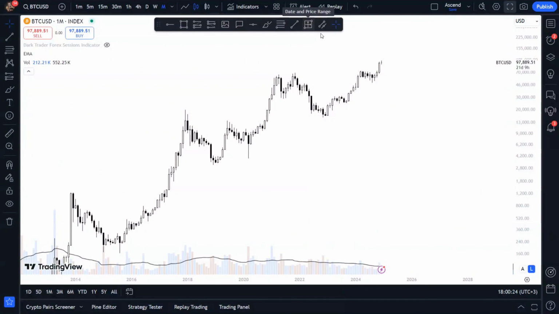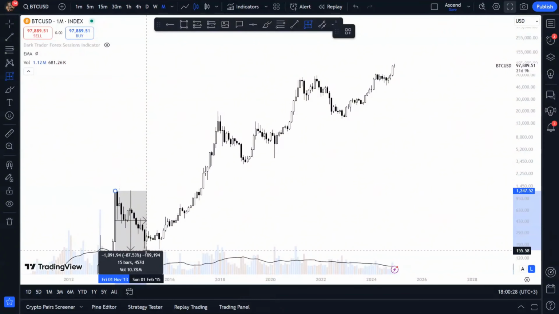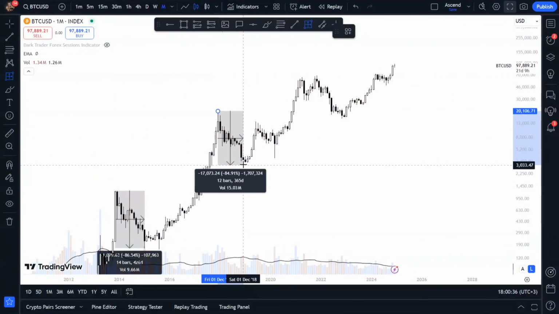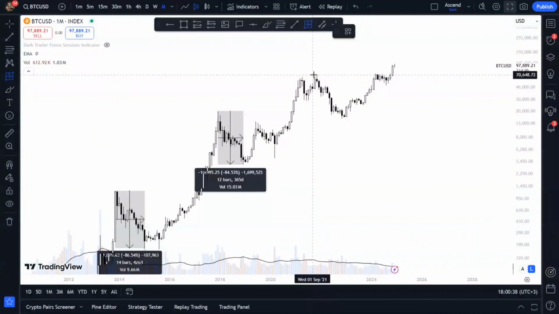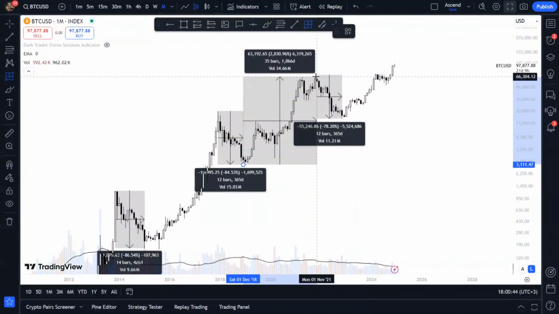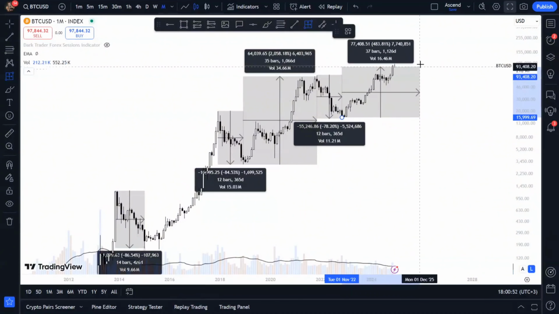And second, what I'll be using is basically time. So how do I use time? If I measure how long bear runs and bull runs last, I will find that the bear run is 12 bars, or 1 year because it's a monthly chart, so 12 months.